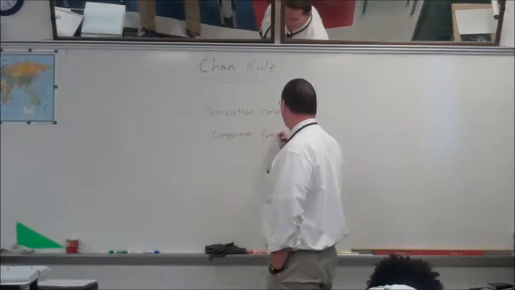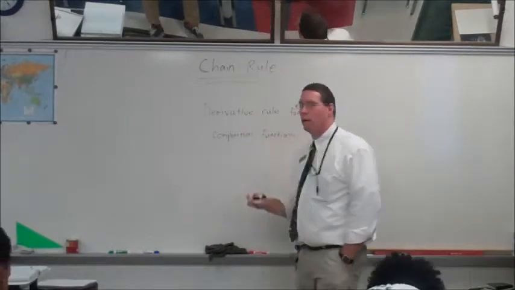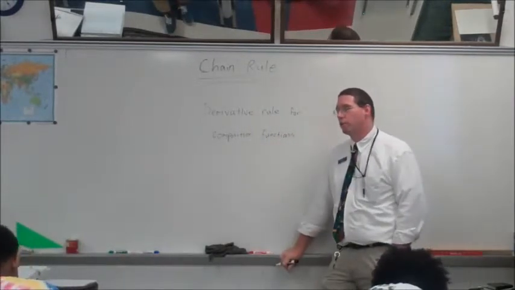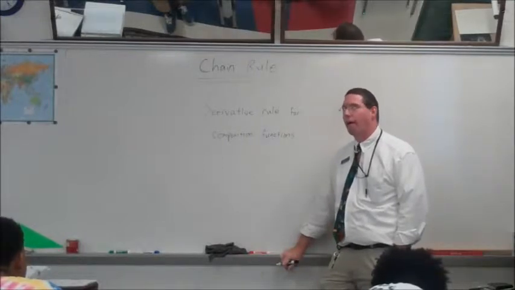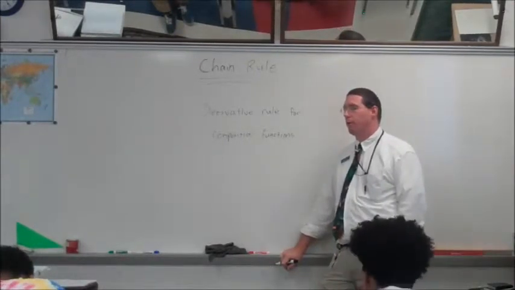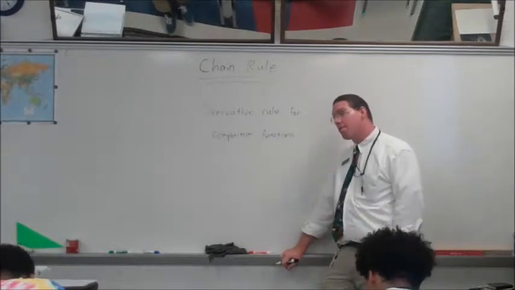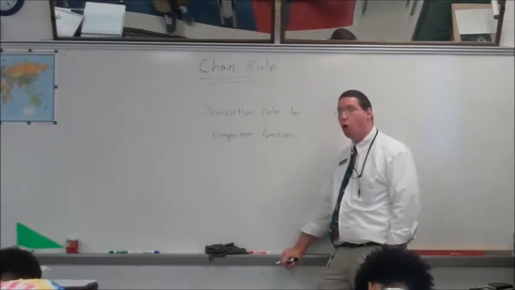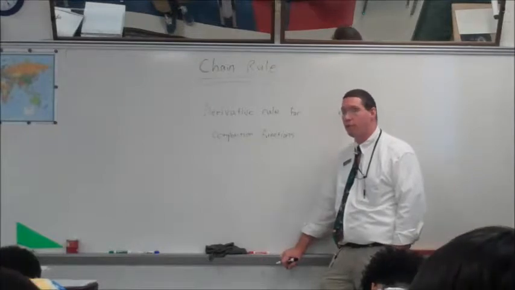Whenever you have a function that is a composition of two or more functions, you should use the chain rule. There are other ways of pulling it off, but they are all more difficult than the chain rule.